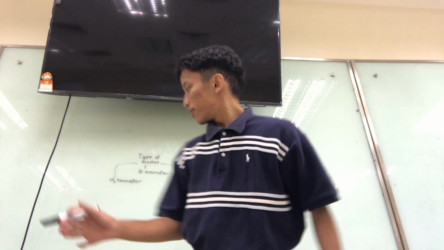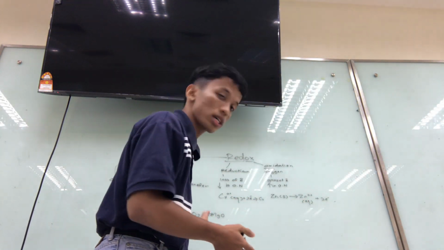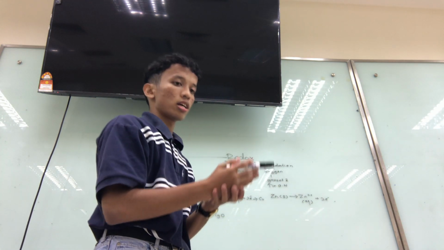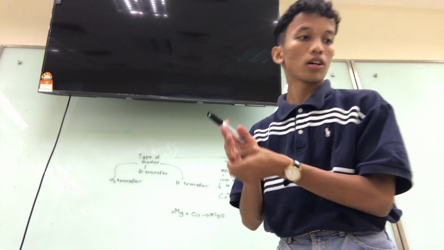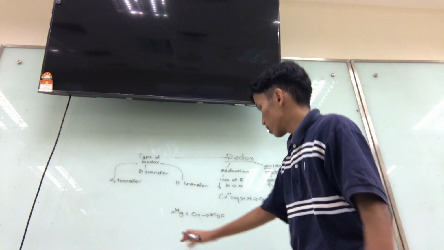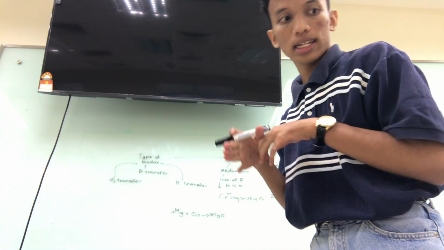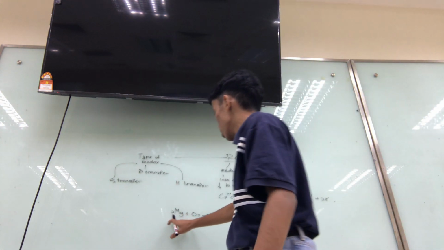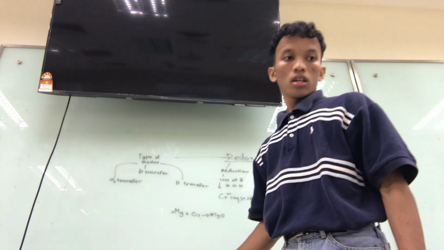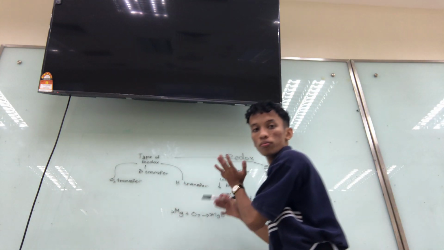Magnesium is oxidized. That's why the product becomes magnesium oxide. The magnesium is going to donate its electron to oxygen and cause oxygen to be reduced.